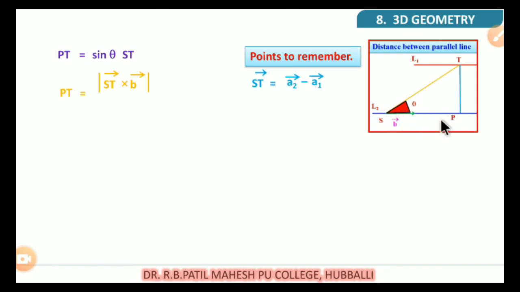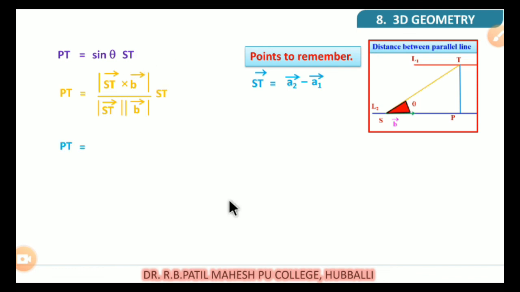Therefore the SP vector can be taken as the b vector, and this is the ST vector, right? Therefore sin theta is the magnitude of ST cross b divided by the magnitude of ST vector into the magnitude of b vector. So this is the value of sin theta from the definition of cross product, into ST here.